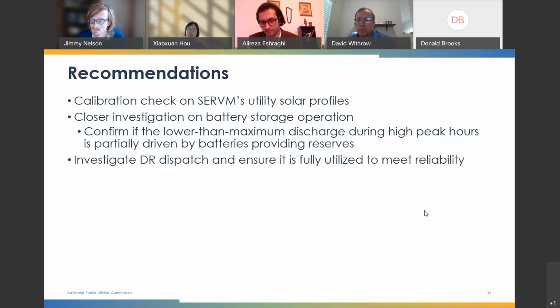So that can explain why SERVM shows more flexible CCGTs versus the ISO, because the optimization window allows the CCGT to be online more compared to the ISO day-ahead operations. And this is just a comment. Thank you.